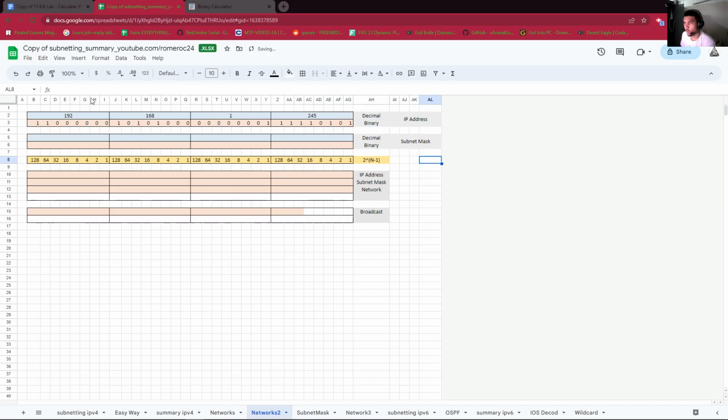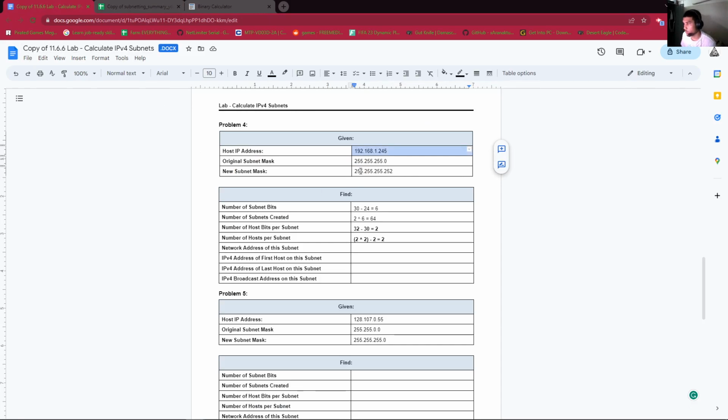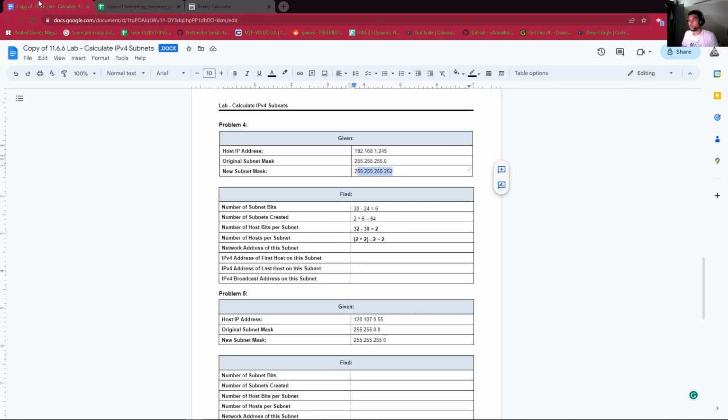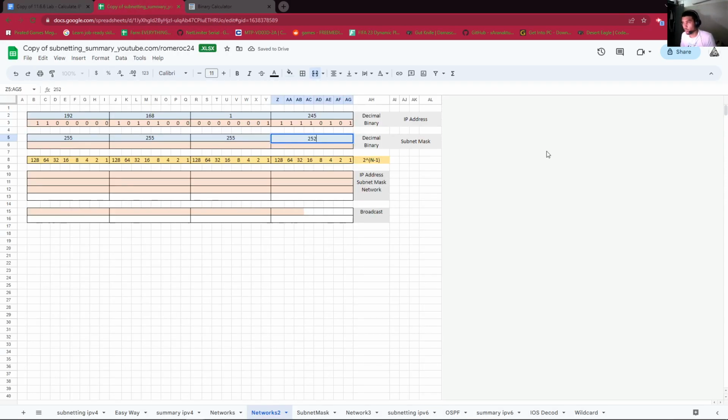Next, we need to put the new subnet mask: 255.255.255.252.